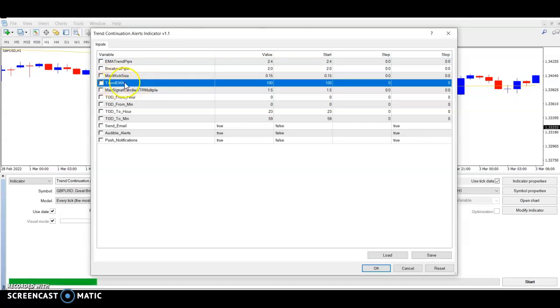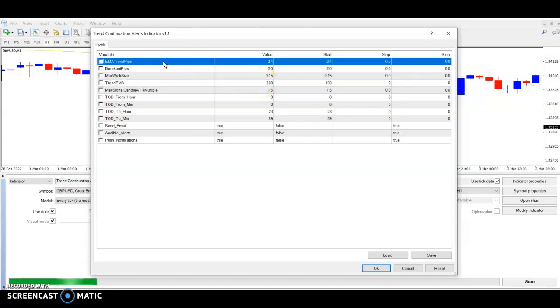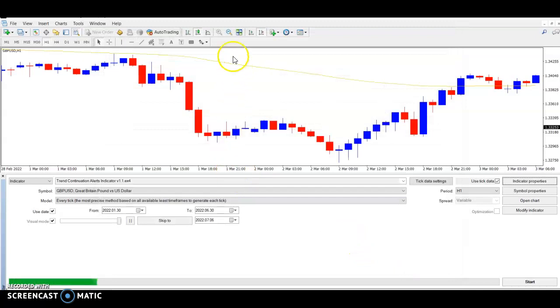The trend EMA that this indicator uses is the 100 period, and the EMA trend pips is how many pips that trend will move over 5 candles. So, for example, here you can see, 1, 2, 3, 4, 5.